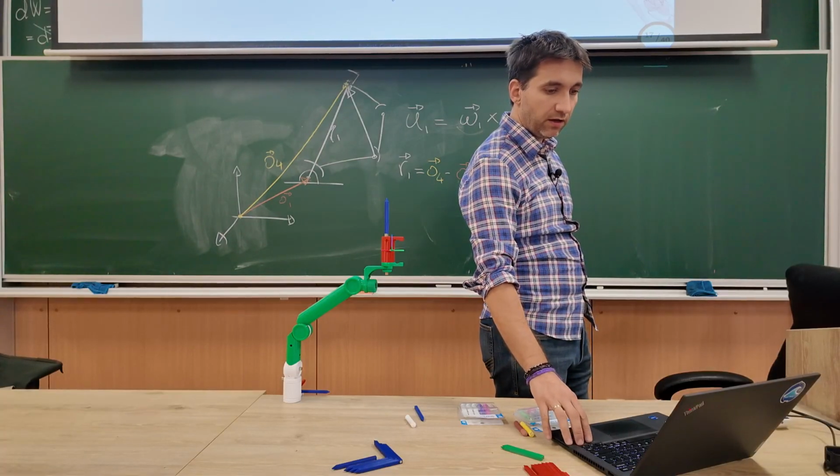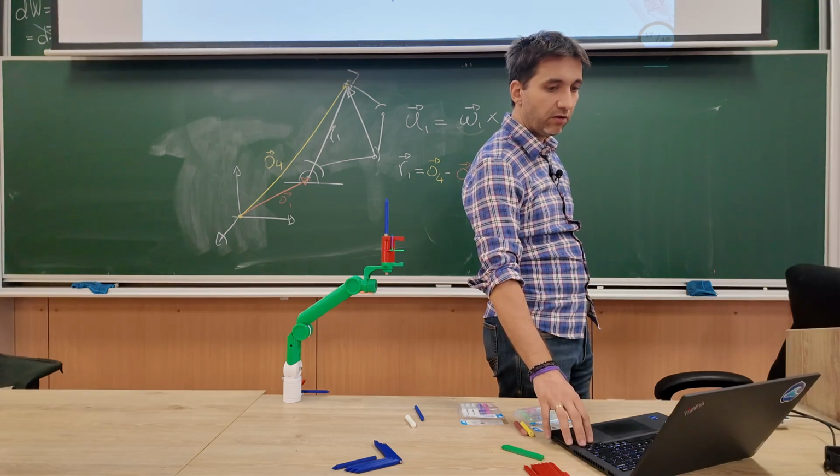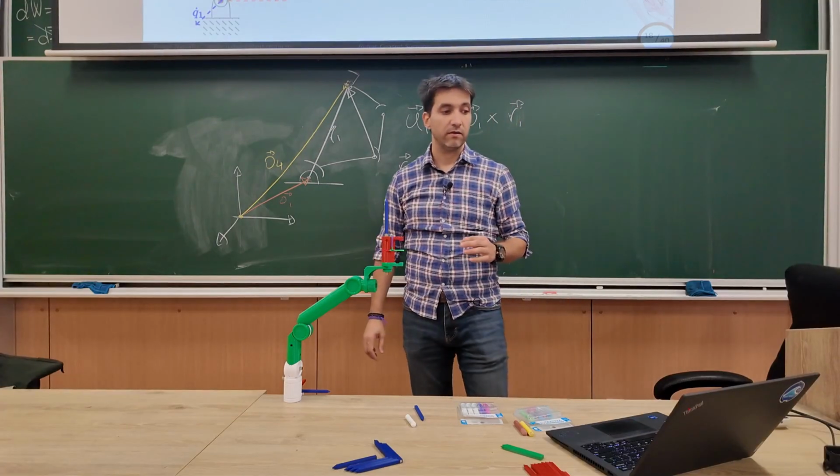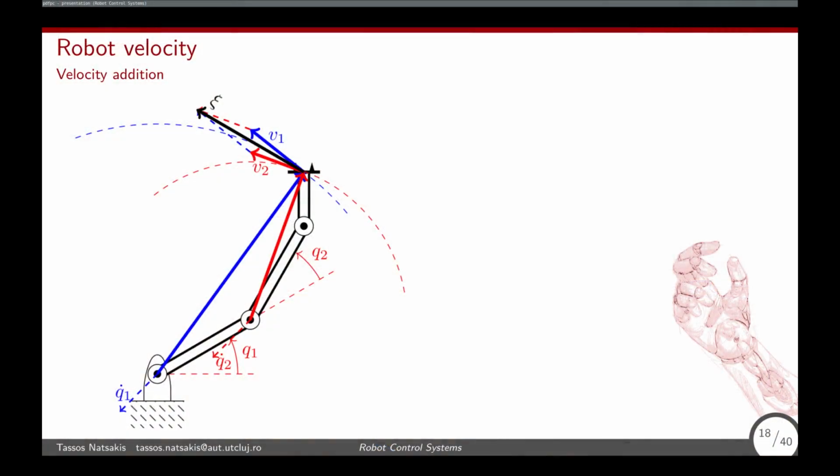All right, let's quickly see how we add all the velocities together. We said that the overall velocity will be the addition of the contributions from each joint. So if I have the linear velocity due to joint 1, and the linear velocity due to joint 2, the total velocity will be the vector addition of these two, right?